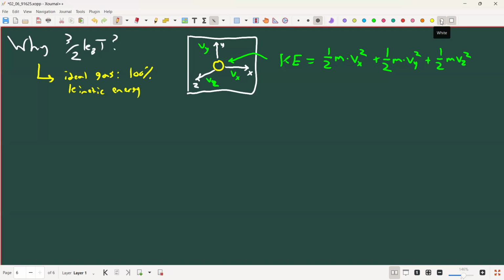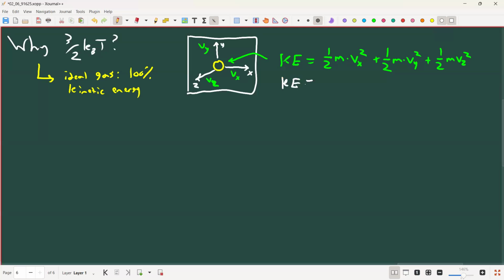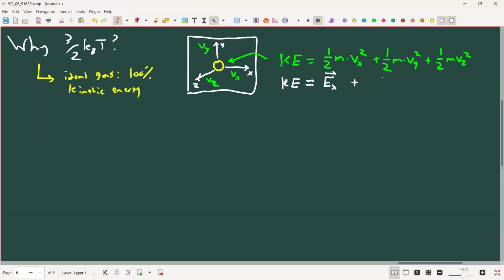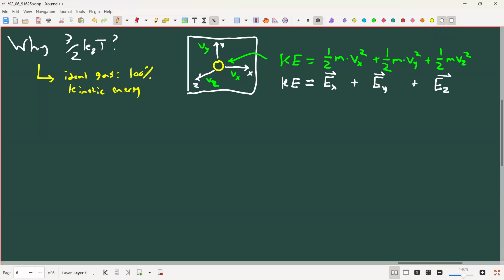Right, so I can also say that the kinetic energy is equal to some energy along the x direction plus some energy along the y direction, plus some energy along the z direction. Right? And the total energy is the sum of the three.